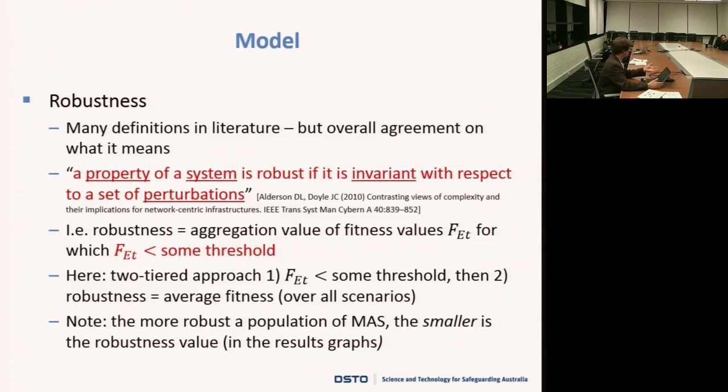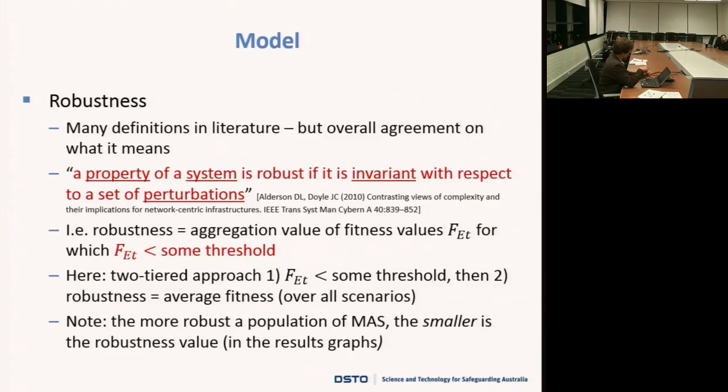So this gives you some threshold values, against which you can say, okay, if I look at many different scenarios for my fleet, and I count the percentage of scenarios where I meet the threshold value, this percentage gives me a value for robustness.